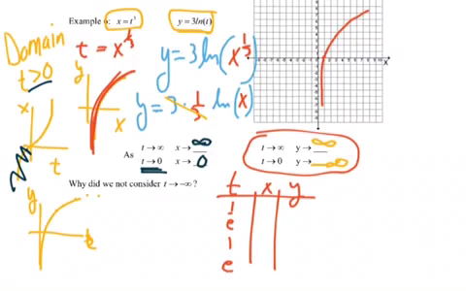x and y. The x value won't be particularly nice. 1 over e cubed is just 1 over e cubed. And then when you plug 1 over e into the log, that gives you negative 3. If you plug 1 in, 1 cubed is 1, and the log of 1 is 0.